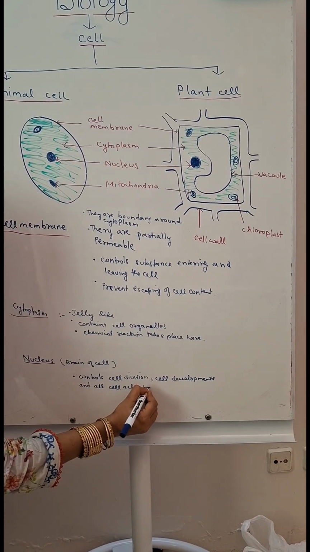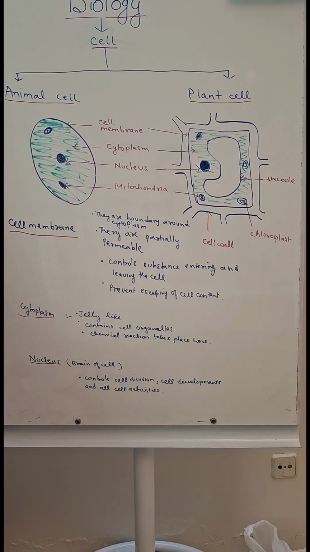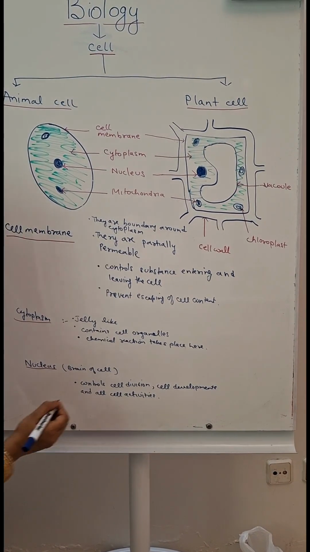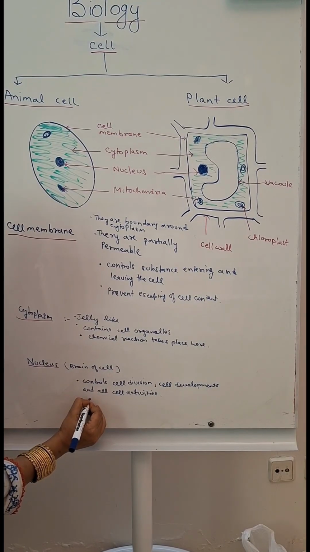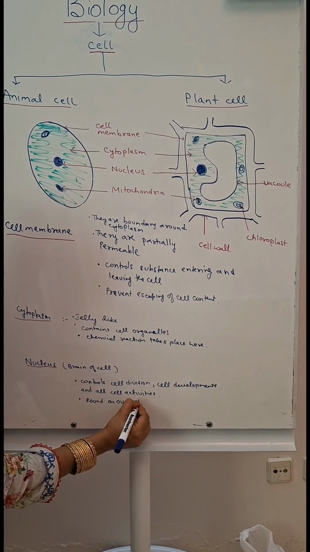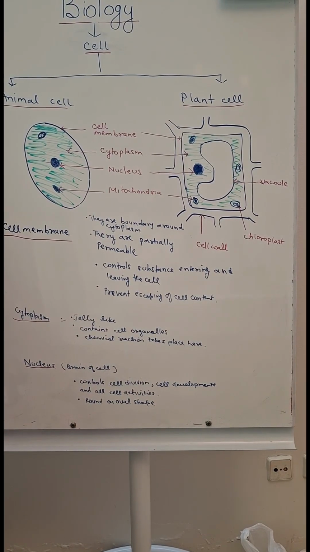Since it controls all cell activities, that is why it is called the brain of the cell. Generally, it is round or oval in shape.